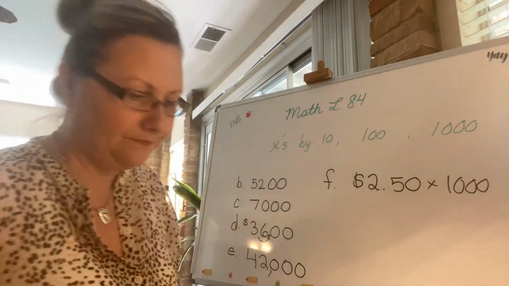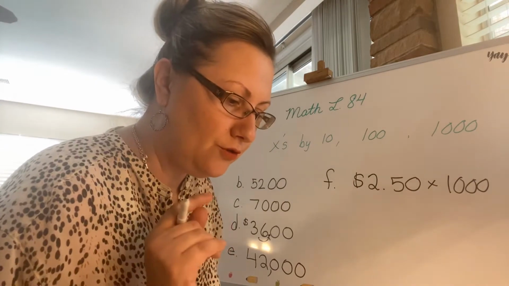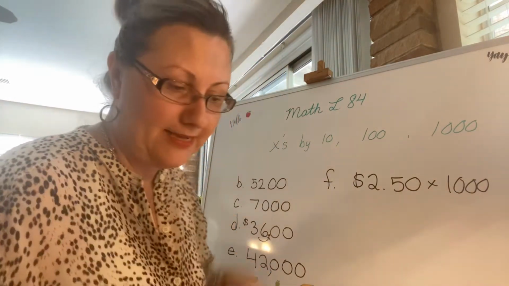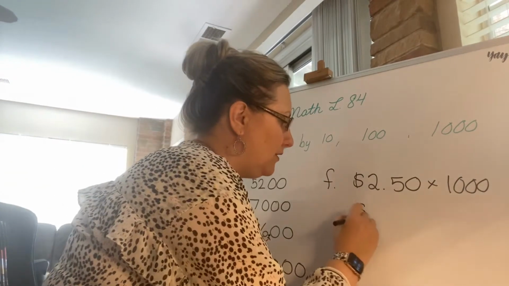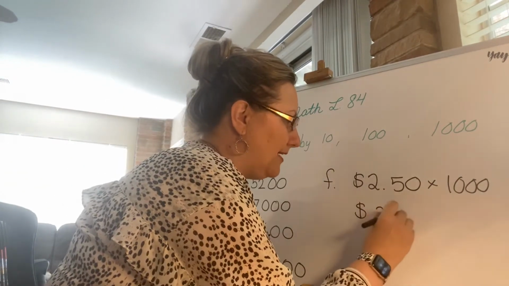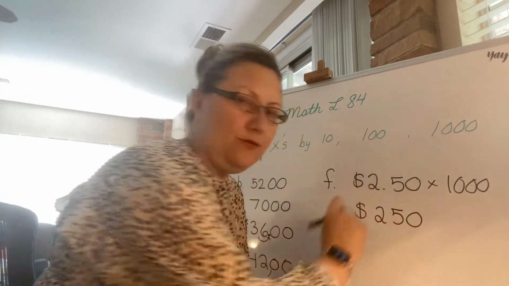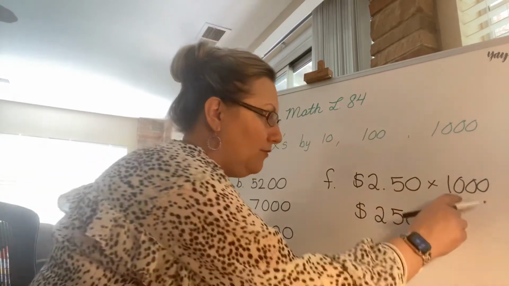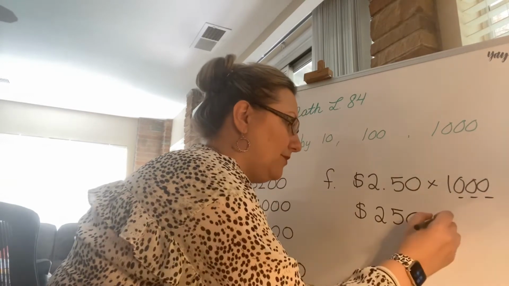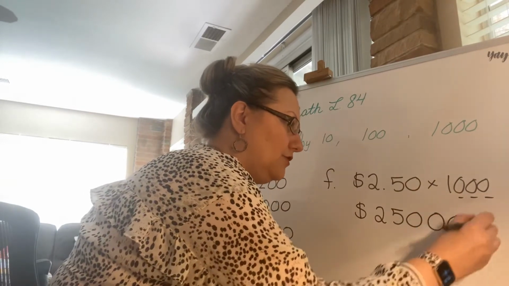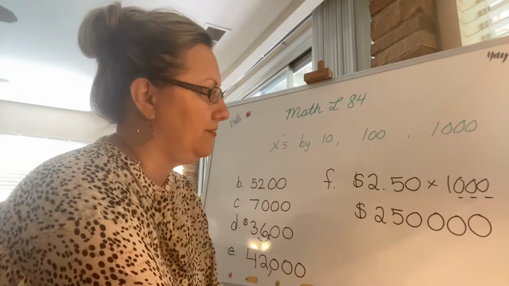So $2.50 times 1,000. So what do we have here? We're going to write all the numbers down, 2, 5, 0, just like before. And we're going to add 1, 2, 3 zeros.